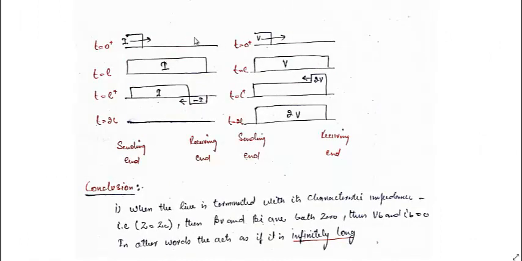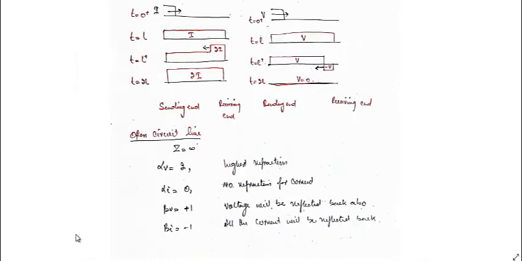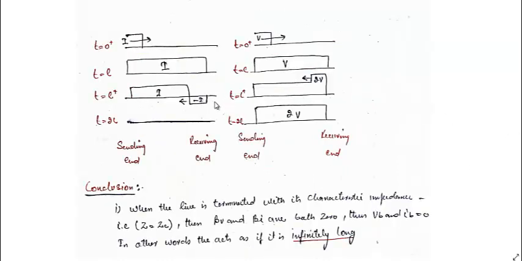In the first diagram we have assumed current and voltage to be of step nature, so they remain the same when they reach the junction. But when they see the junction, the reflections will be different. The reflection of the current is minus 1, but the reflection of the voltage will be plus 1.